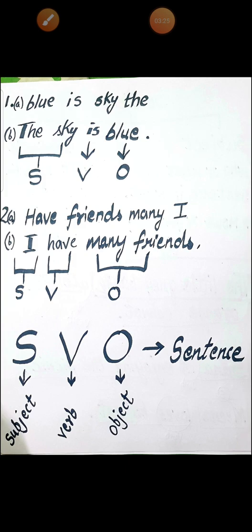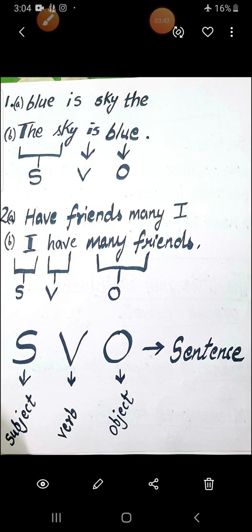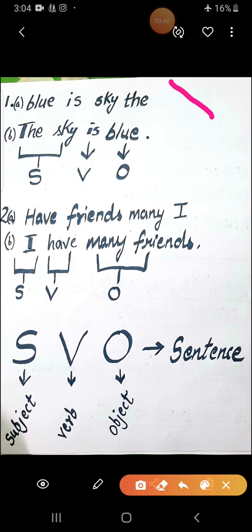Like the first one, you can see: blue is sky the. According to our definition, it is a group of words, but is it making any sense? Is it giving you a proper sense? No. It means it is not a sentence.